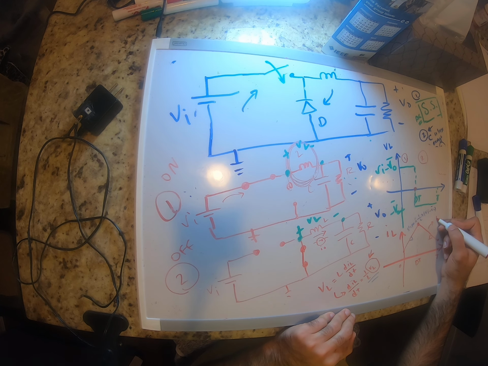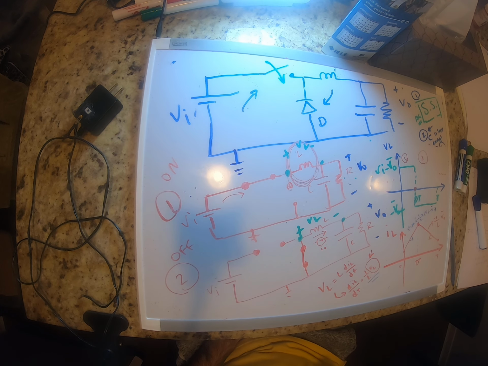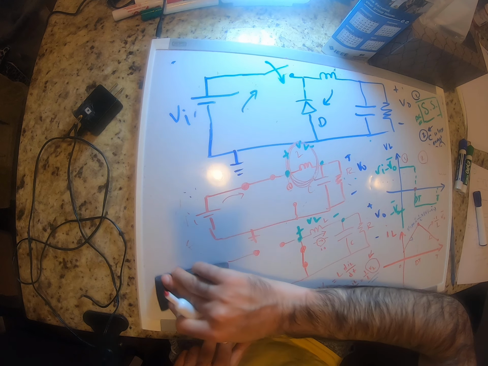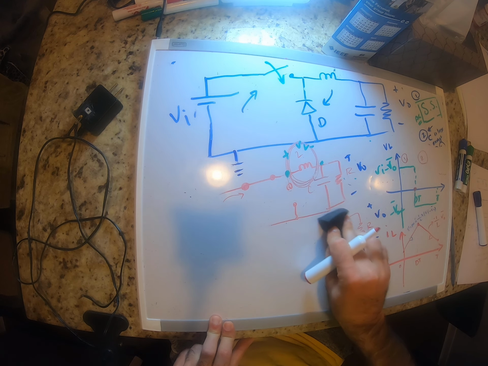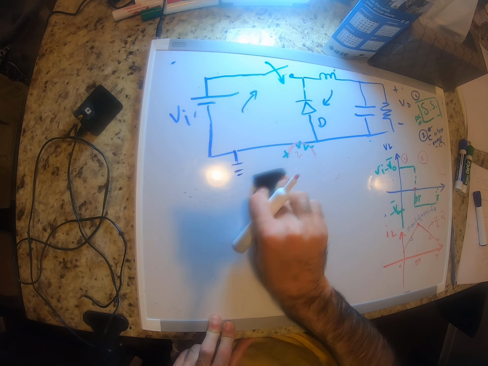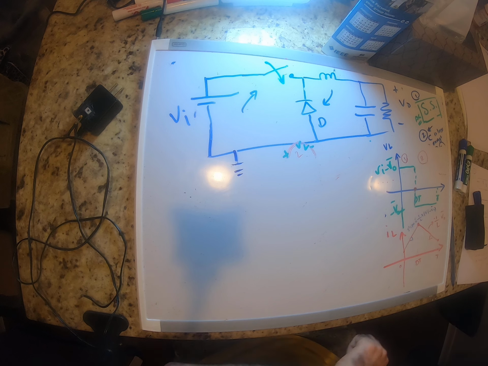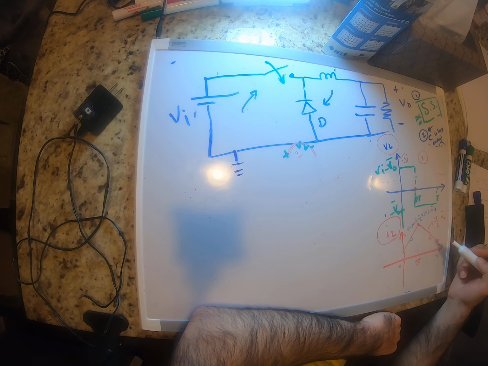It's going to be 1 over L times negative VO. So this is the slope of the second line. Let me erase this part here. So this is what we have for the voltage across the inductor and the current that flows through the inductor.